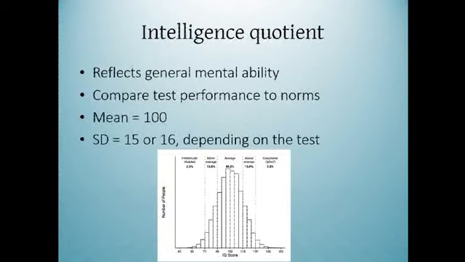So with IQ tests, the mean is generally centered around 100, with a standard deviation of 15 or 16, depending on the test. Assuming a standard deviation of 15, we can make sense of the chart over here, which is that most people would score between an IQ of 85 and 115, which is roughly average, within a standard deviation from the mean.